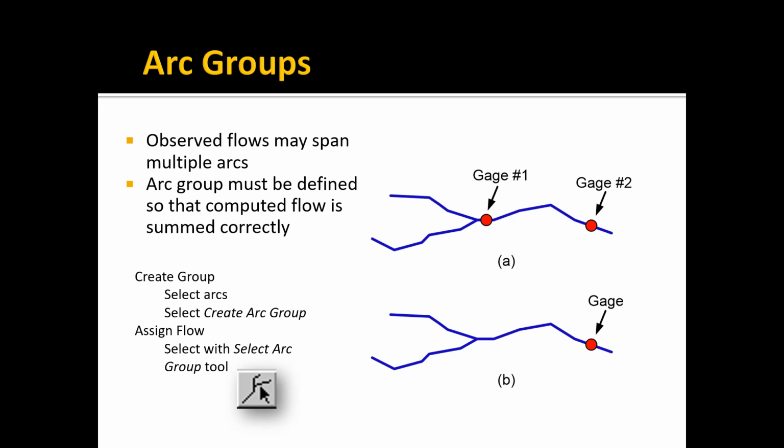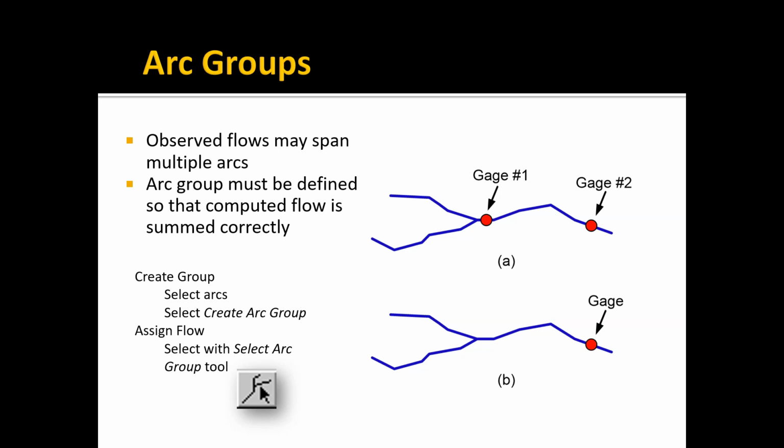So part B, as for example, maybe this is all a groundwater fed stream and you just have one gauge downstream. Well, now you need to consider the input or the gains or losses for all of these streams, and you need to assign an observation to that set of arcs as a group. So to do that, we have an object called an arc group.